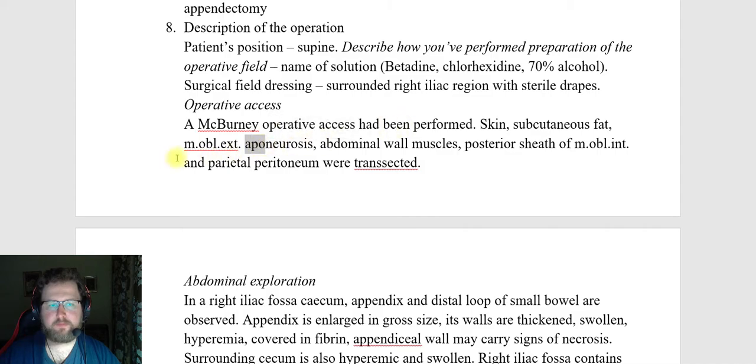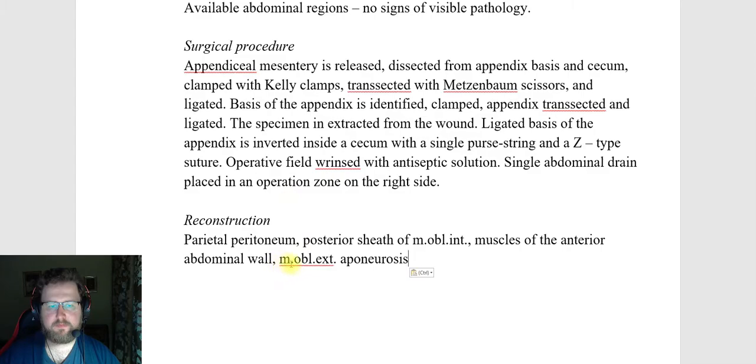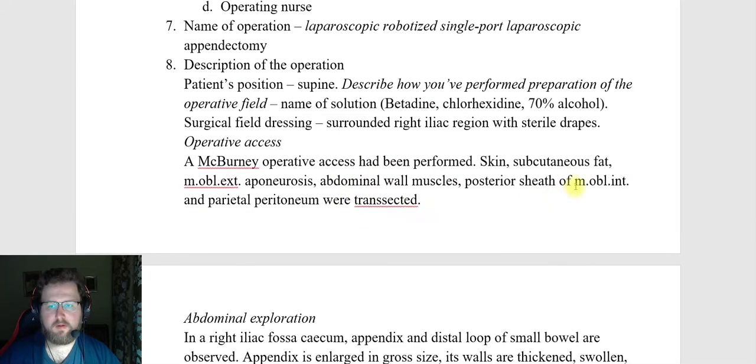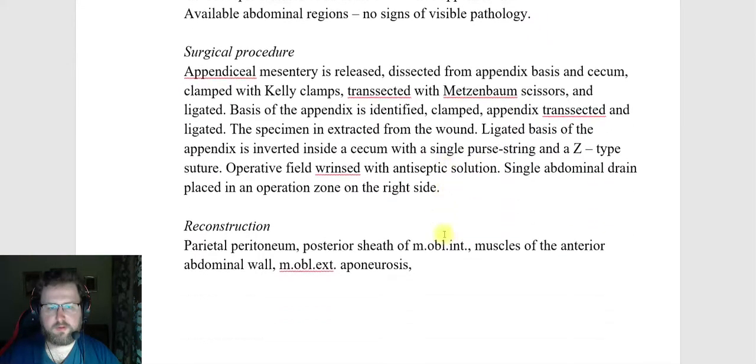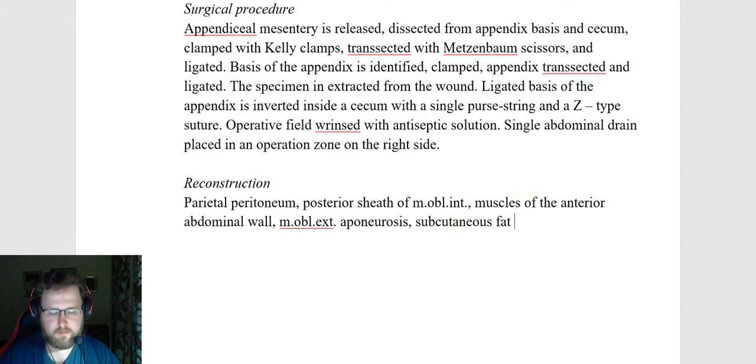Then aponeurosis, subcutaneous fat optionally, and finally skin, consecutively stitched.